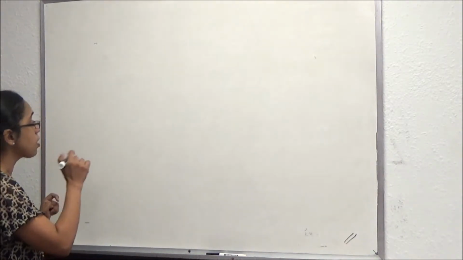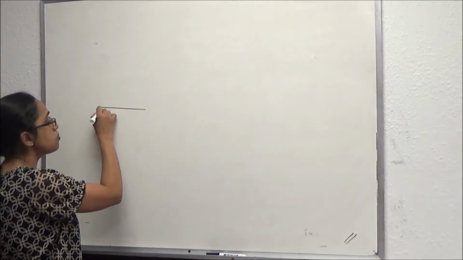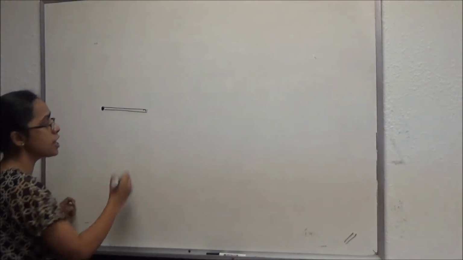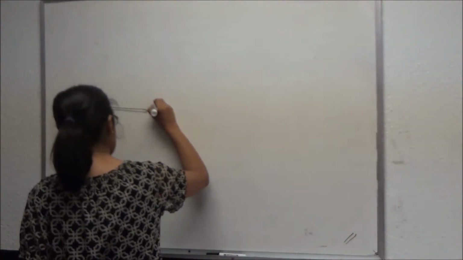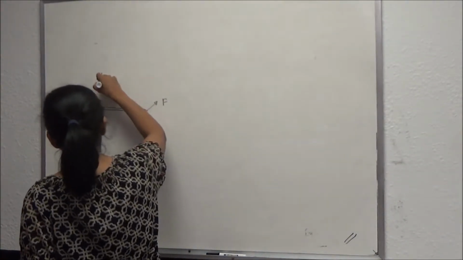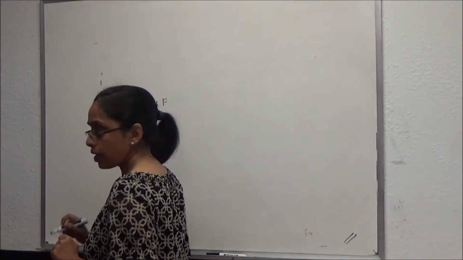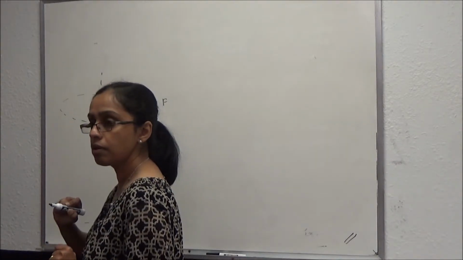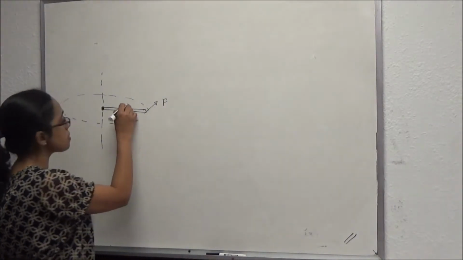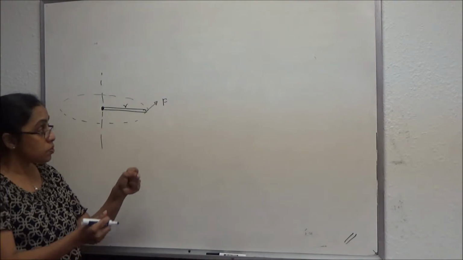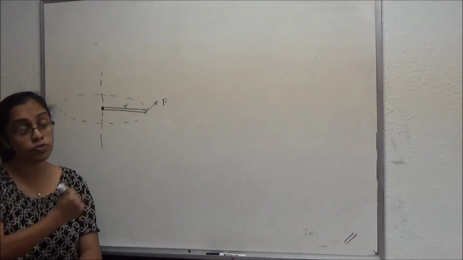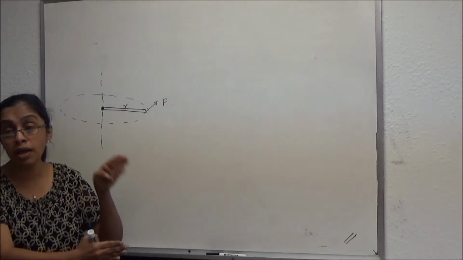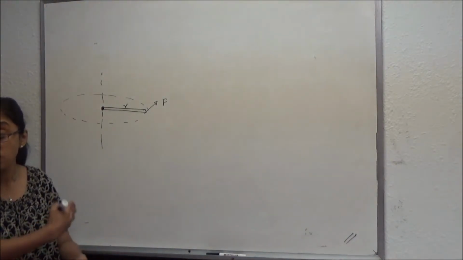Alright, so torque. Let's consider a certain object, a certain rod, which is hinged here, and it is being pulled by a force F horizontally, so that it is taking a circular path. And this distance is R. So the force is moving it, but the force is linear at a certain time, and it is changing its direction all the time.